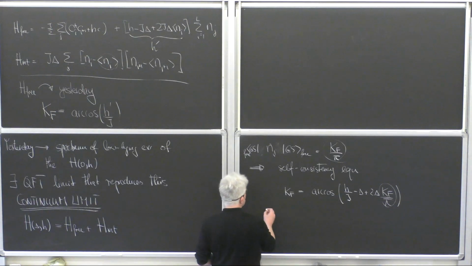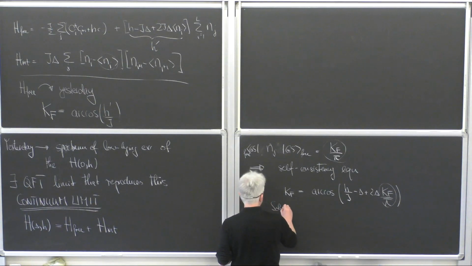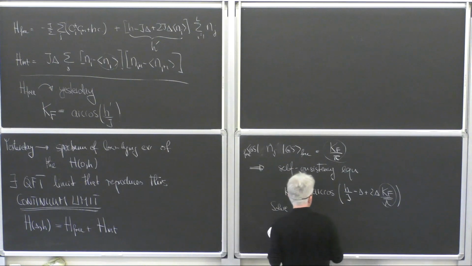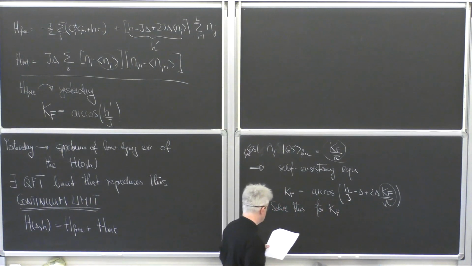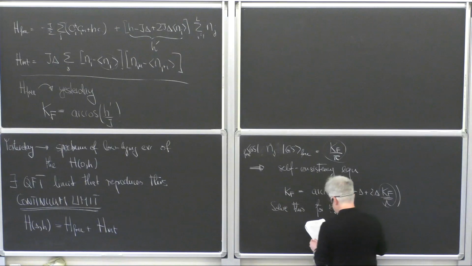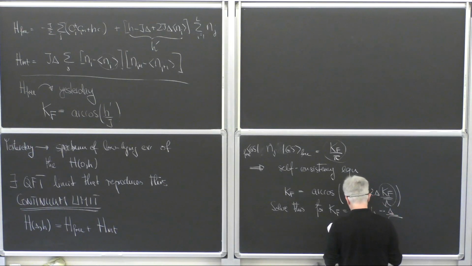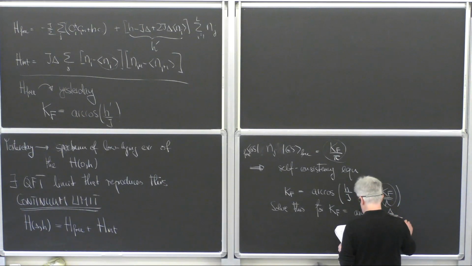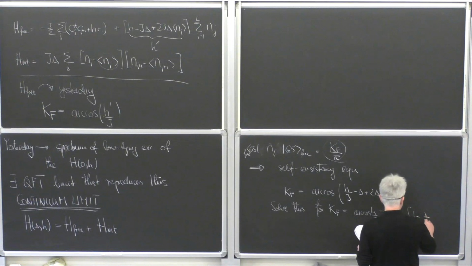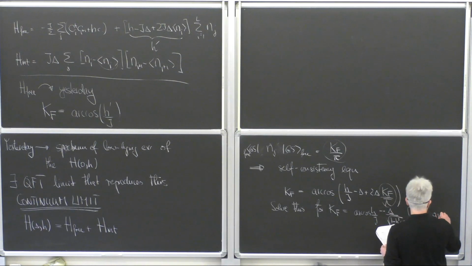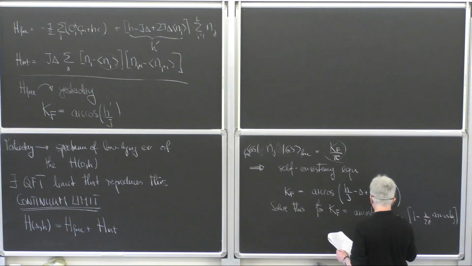Okay, and then you can solve this for k_F. So for example, in a power series, this will be arccos H over J, and then you have something like minus delta square root of 1 minus H squared over J squared, times 1 minus 2 divided by pi arccos H over J, plus delta squared dot dot dot.